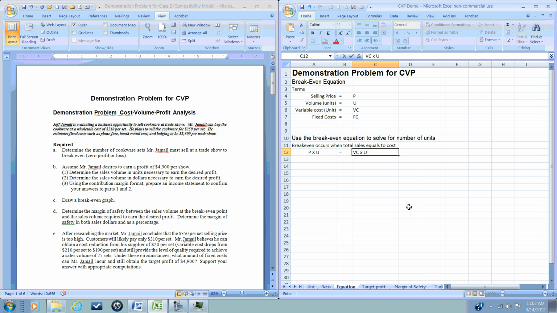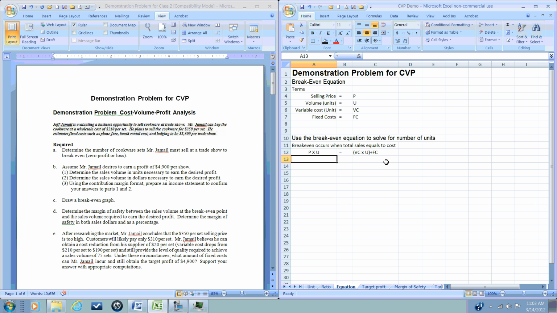Now, algebraically, we have to do that first. So to show the order of our computations, we're going to enclose that in parentheses. So our variable cost plus our fixed cost is our total cost, and when our total sales equal our total cost, we are at the break-even point.